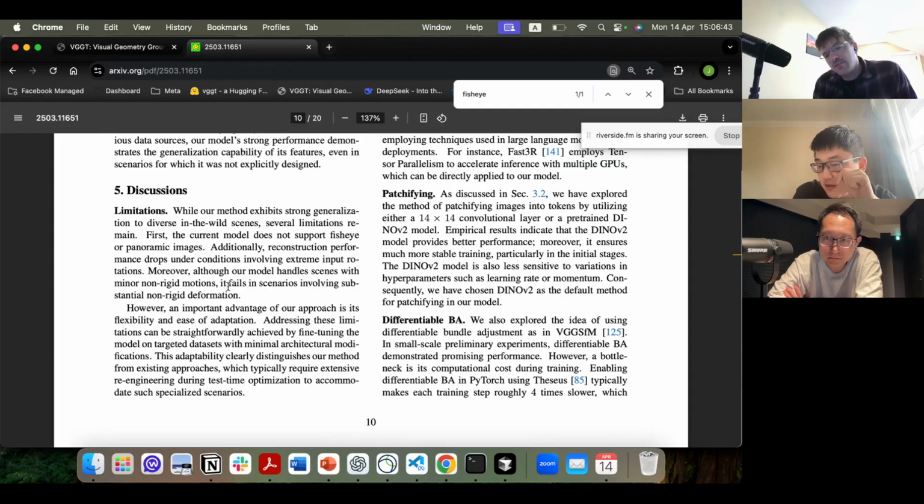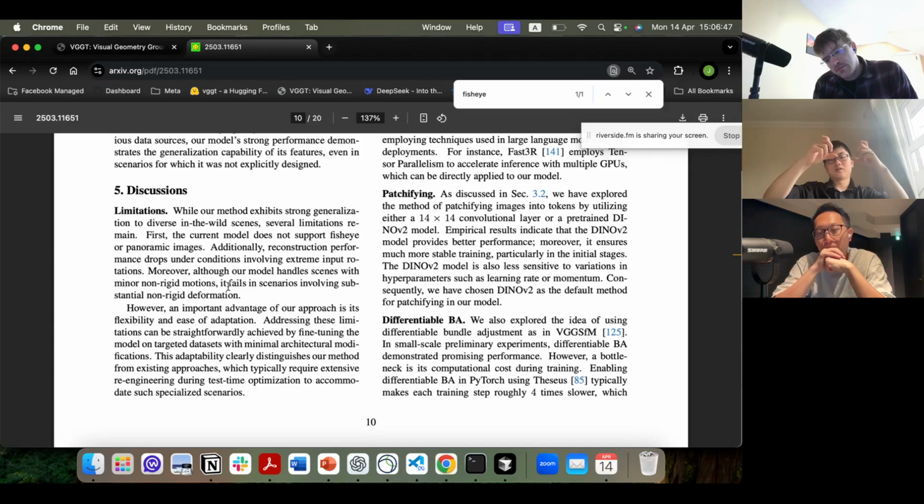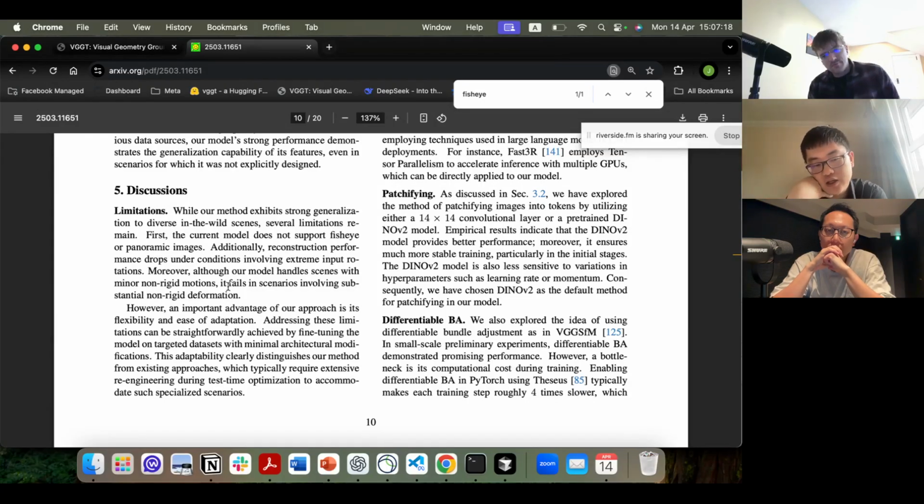If we take a photo of a building in the normal manner and then put another photo of it upside down, even for humans we may have some trouble imagining the correct structure. So I don't know if the model can handle it better than a human with sufficient data, but this is a limitation for our method currently.